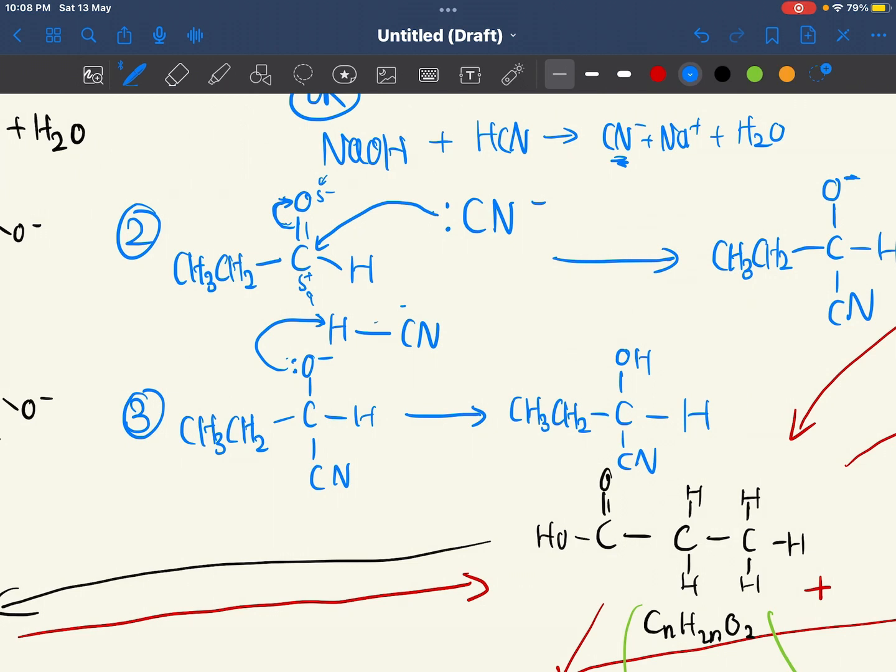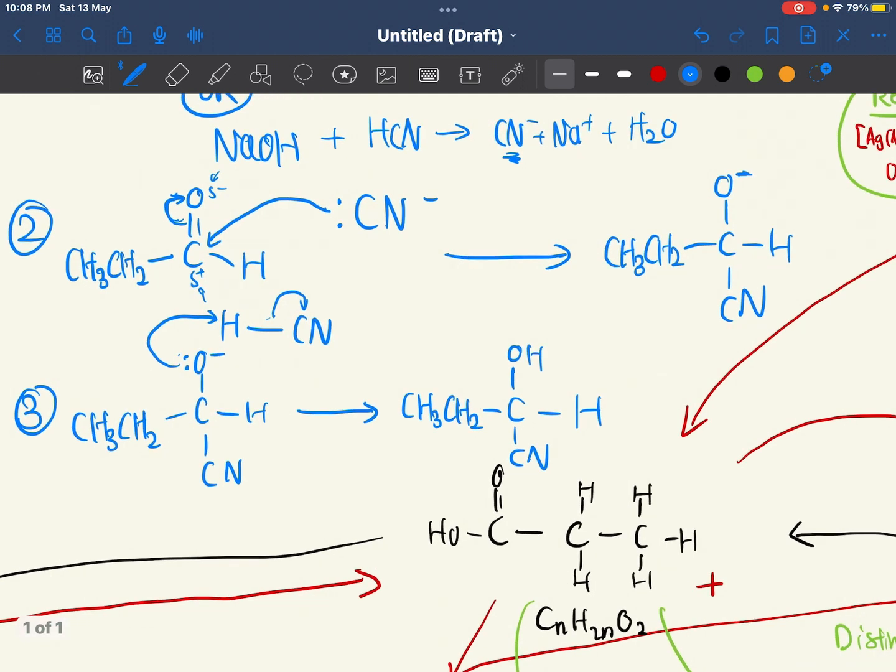So just showing this will do. And then if the bond breaks heterolytically again, it gives you your CN- nucleophile, which is regenerated, and the product has an OH group here and a CN group here.